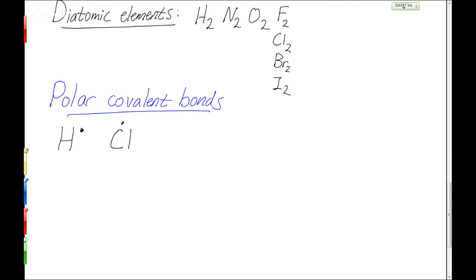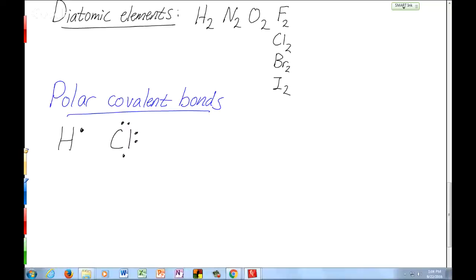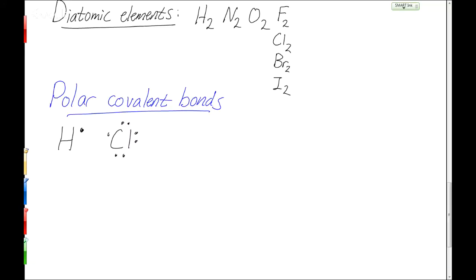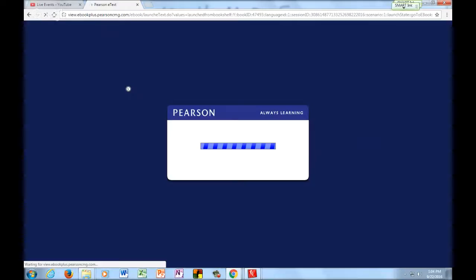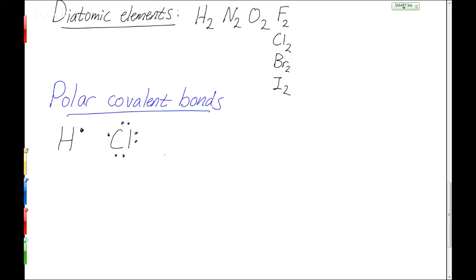Chlorine has 7. Yeah, it has become unresponsive. So the way that those are going to go together, the same thing we've just been talking about, they're going to share 2 electrons so that hydrogen can have a full shell and chlorine can have a full shell also. And they're going to make this kind of a compound.